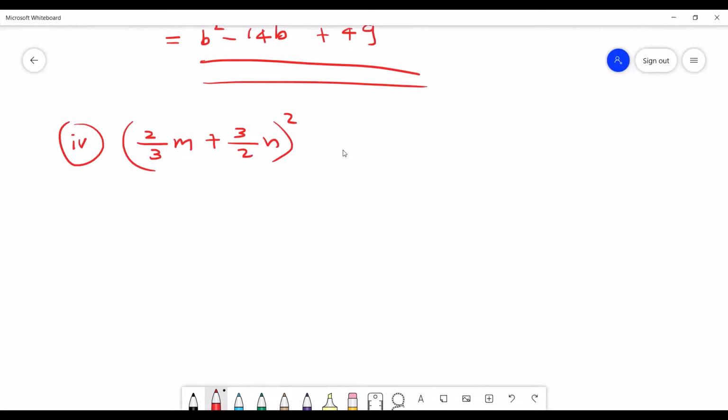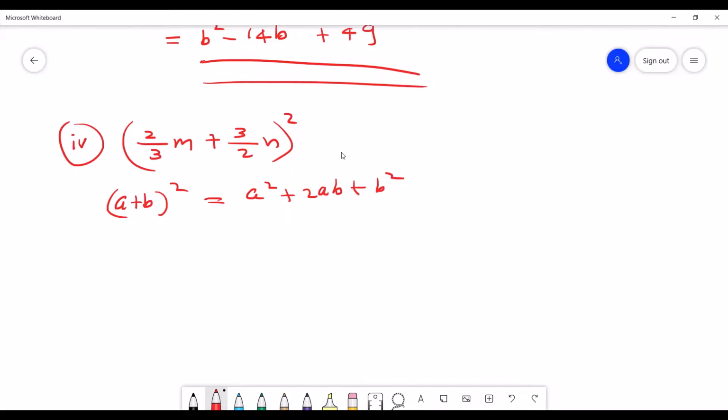Here we have to use the identity of a plus b. So (a plus b) whole square is equal to a square plus 2ab plus b square.